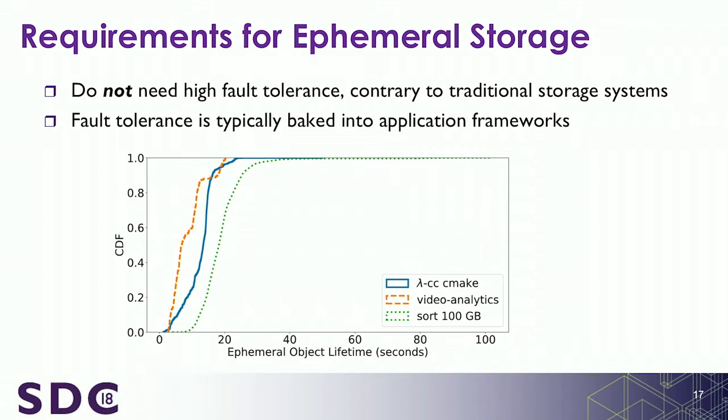Furthermore, ephemeral data is relatively easy to regenerate by rerunning the tasks that generated that data. Fault tolerance is typically baked into application frameworks. If you think about a traditional framework like Spark, it tracks lineage for its resilient distributed datasets, and so it knows which tasks need to be regenerated if a particular object is lost. So fault tolerance in the storage system is not a high requirement in this case, and that's going to influence our design.